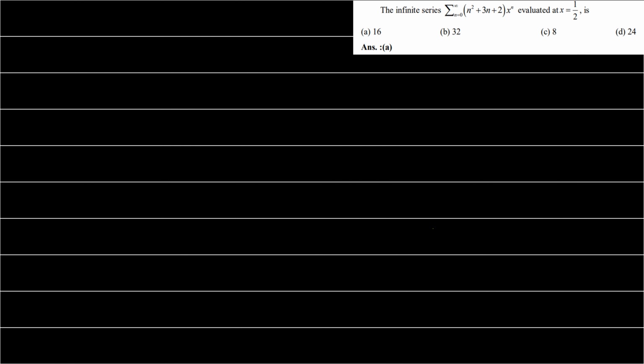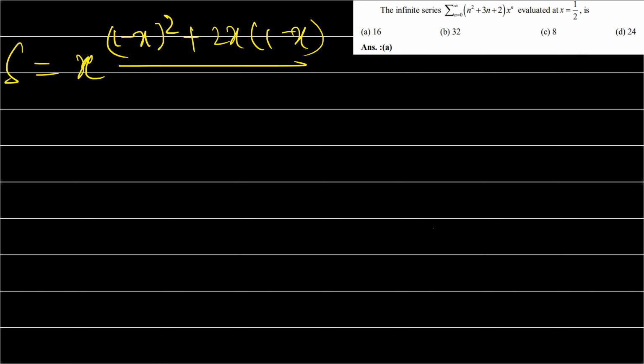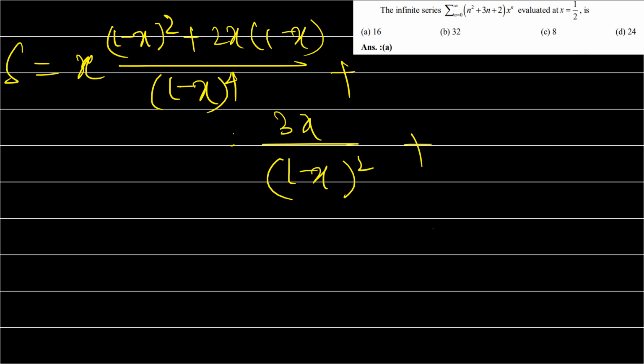Next, this will be again s, it will be what? (1 minus x) whole square plus 2x(1 minus x) divided by (1 minus x) whole to the power 4, plus 3x over (1 minus x) whole square plus 2 by 1 minus x.